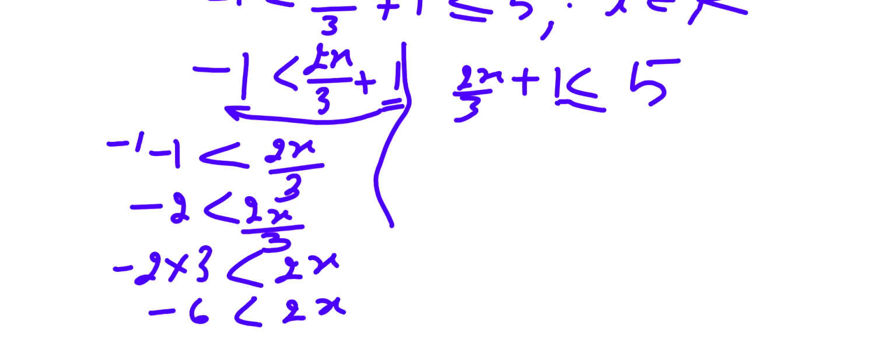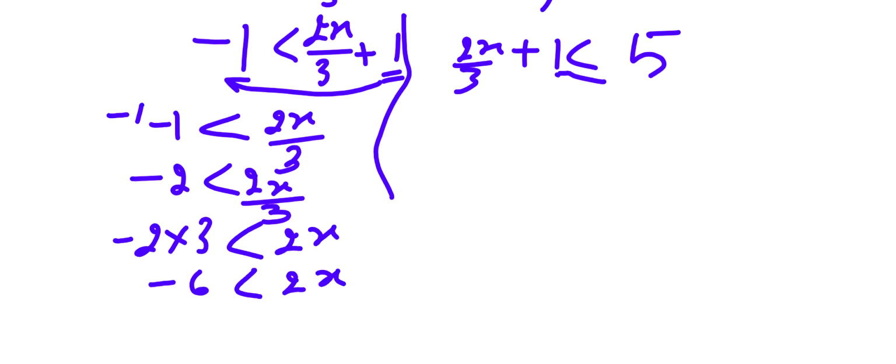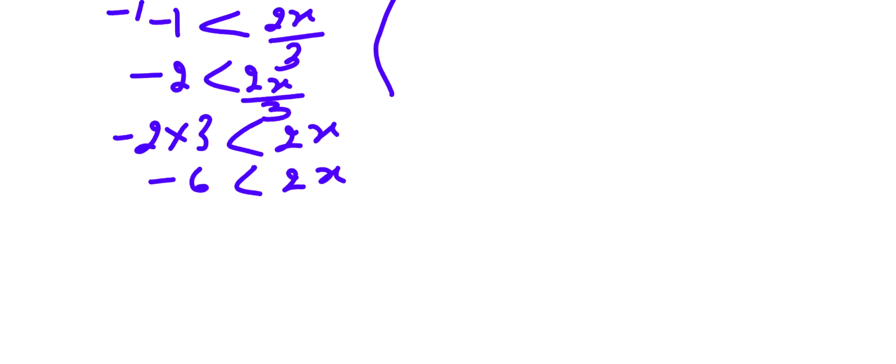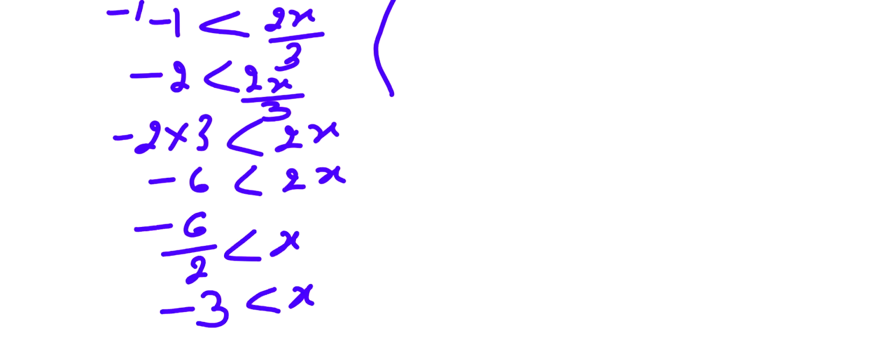In the next step, 2 will divide on the left. Minus 6 by 2 is less than x. How much does minus 6 by 2 become? Minus 3. Minus 3 is less than x.